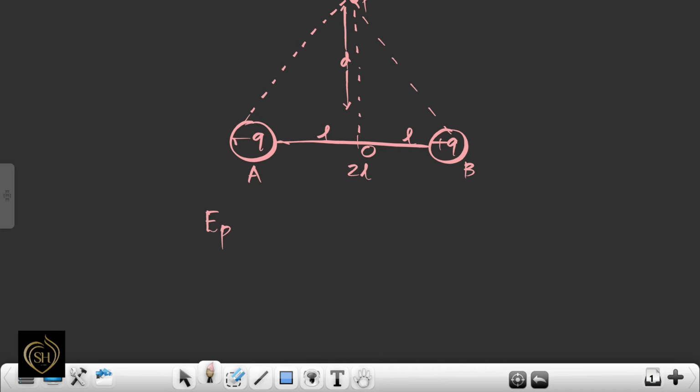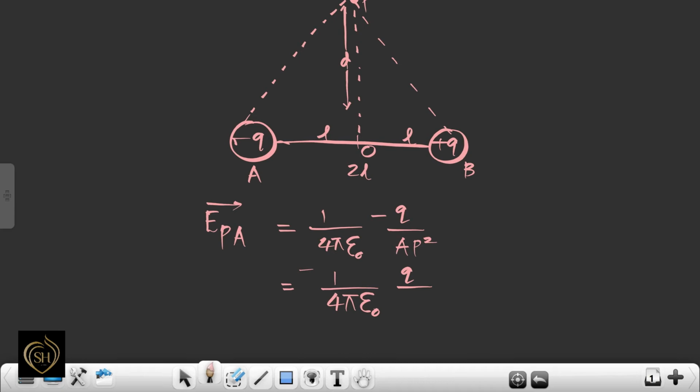Since minus Q is placed at A, we can write it as EPA. It is a vector quantity. It is equal to 1 by 4 pi epsilon 0 minus Q divided by distance square. The distance between minus Q and P is AP, so AP square. That is equal to minus 1 by 4 pi epsilon 0 Q divided by AP square.